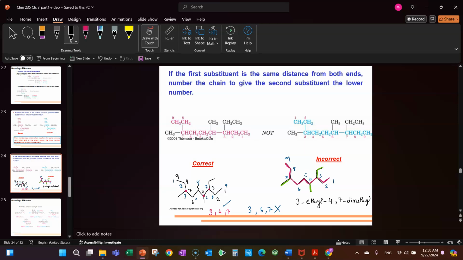Remember, there are two methyl groups here. Both the green ones here are the methyl groups. Dimethyl, and then what should be my parent? It's a 9-carbon atom chain, so it should be a nonane. Okay, this is all one name. 3-ethyl-4,7-dimethylnonane.